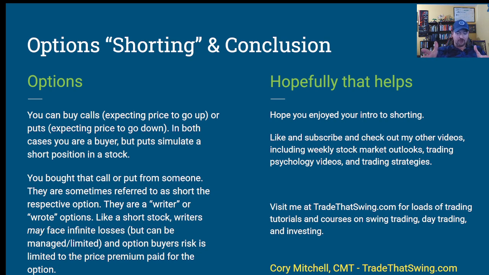Now, there are ways to block that, though, with options. You could have a covered position, which means you have the position that you're writing an option on, or you could write offsetting options, things like that. So there are some ways to mitigate the risk with options for option writers.